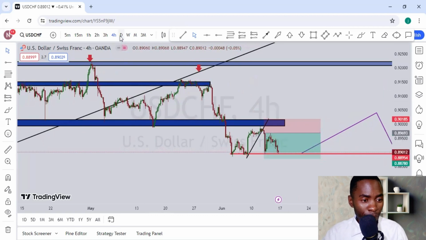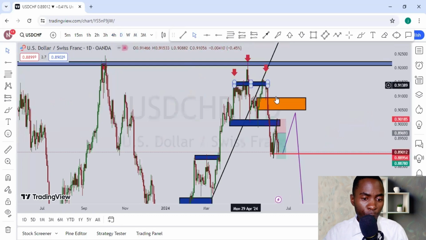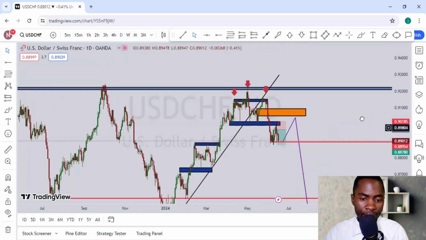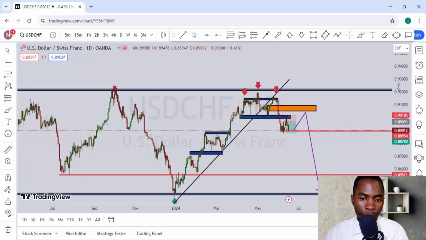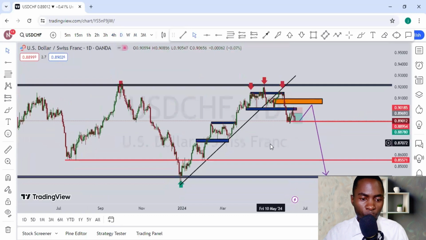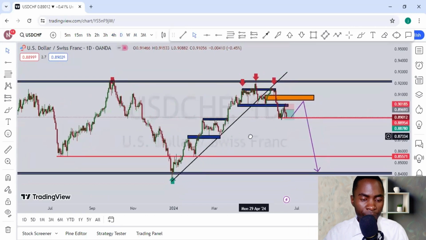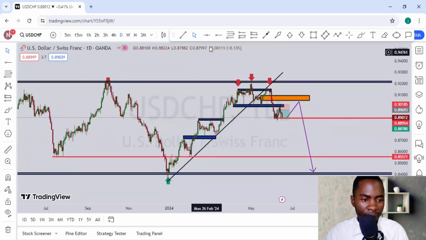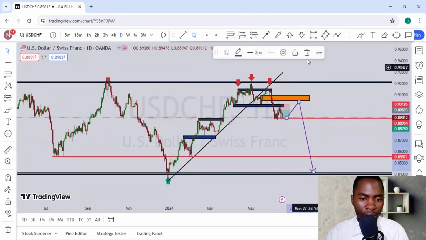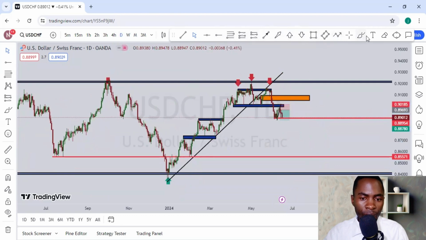But I did not take this trade yet because I fear what I saw on gold. The market consolidated around this area. If you remember the gold trade that I took, I also fear the same thing I feared on the gold trade. The market consolidated around this area a couple of times.